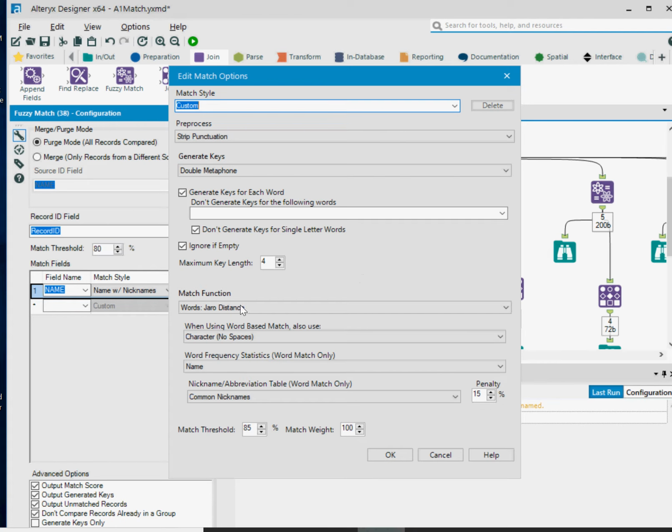What we'll look at in the future is the match function.